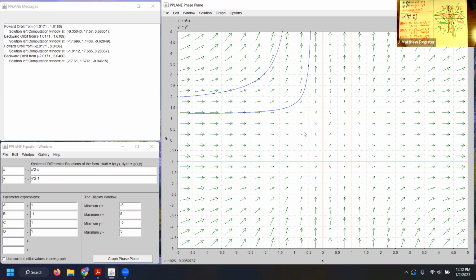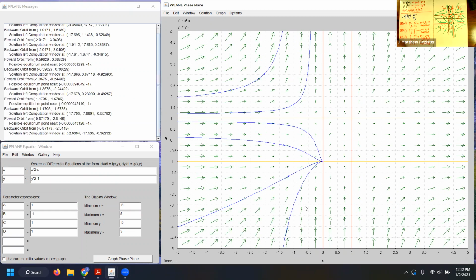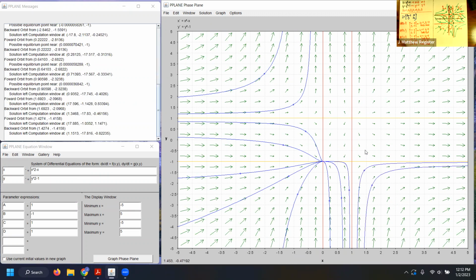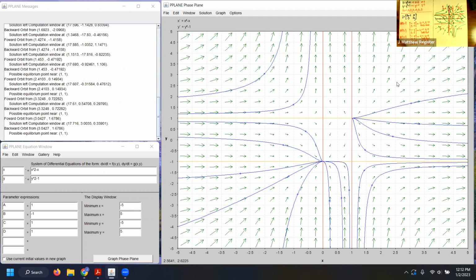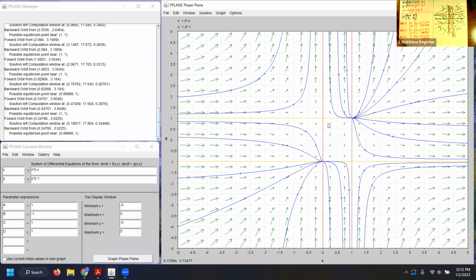And sure enough, our graph is going to look pretty similar. It's a little bit off in some areas as far as how it's escaping certain values. But on the whole, it's fairly accurate.